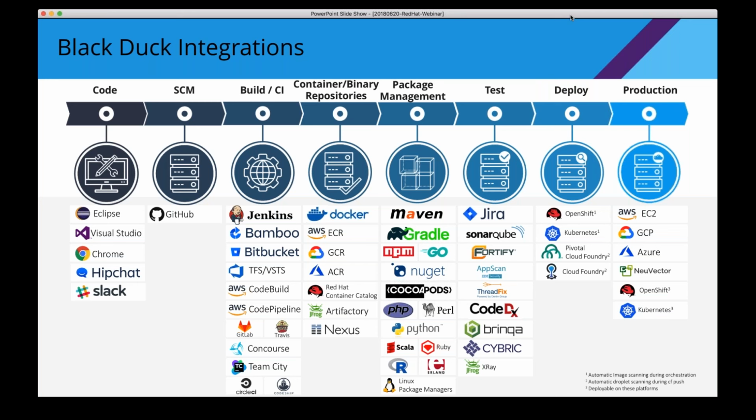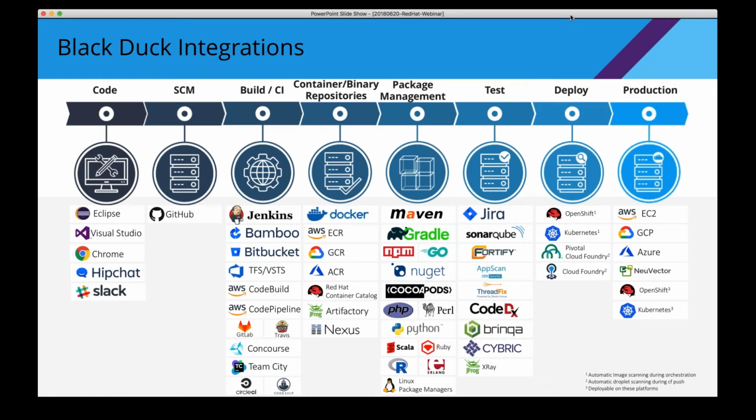You can use our integrations in IDEs. For example, we have Eclipse integrations, we have Visual Studio integrations, we have a nice Chrome plugin, as well as you're searching open source sites. For example, the Maven repository, we can tell you if this version that you're looking at has vulnerabilities. Or you can move right into the SDLC or the DevOps lifecycle here to use our integrations like OpenShift.